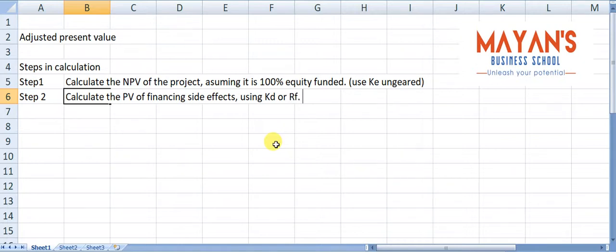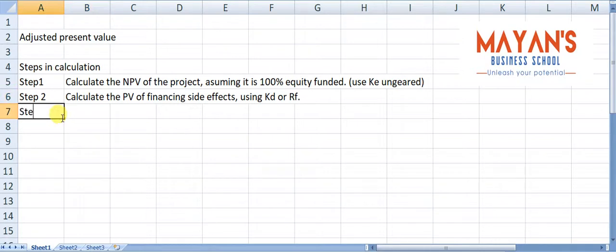Technically, KD and RF must be the same because our assumption is that debt is risk-free, beta D is 0. So technically KD and RF should be equal, but practically they are not equal. Either you can use KD or RF to get this present value. In the exam, you will be given marks for both.